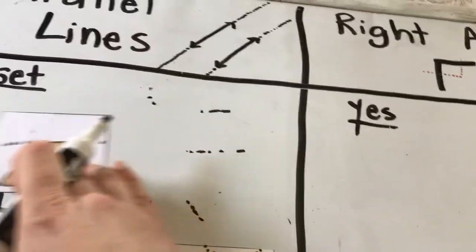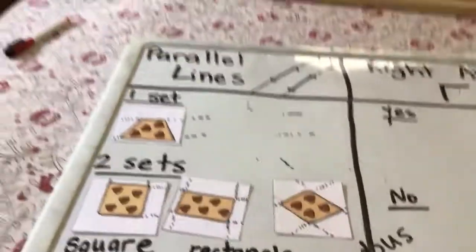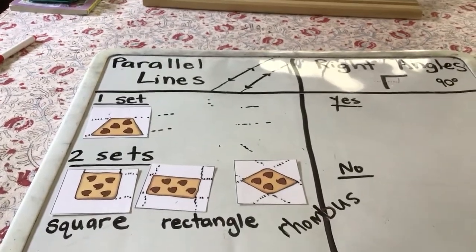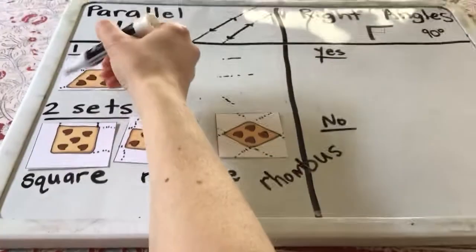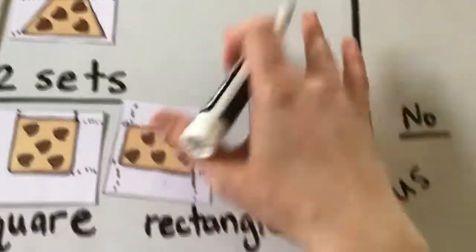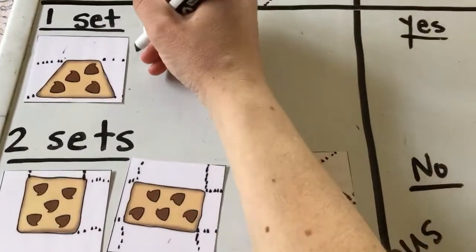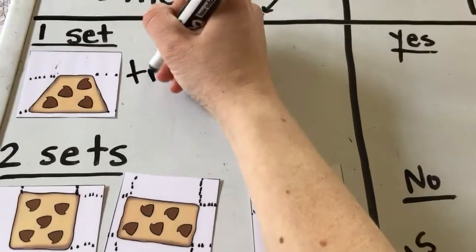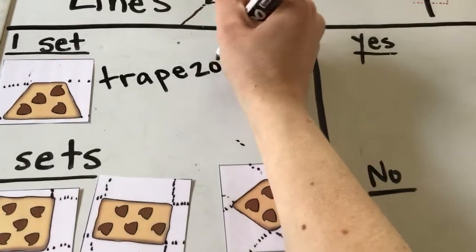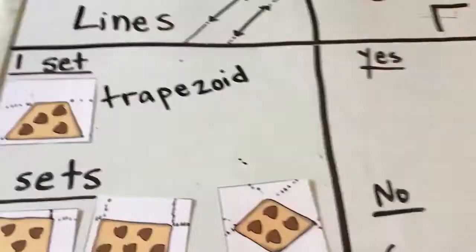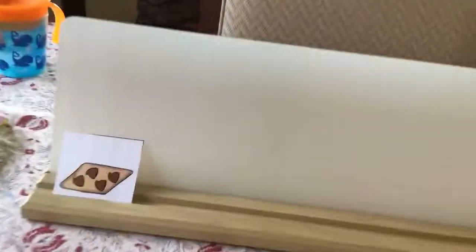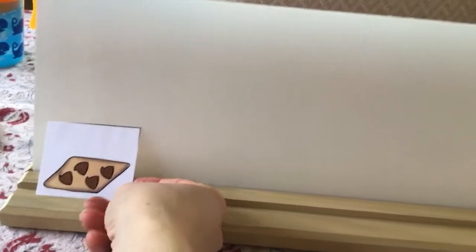So the trapezoid has just one set of those parallel lines. The top and the bottom in this case are parallel. And the two lines on either side, those are not parallel. There's only one set of parallel lines. So I'm going to write trapezoid underneath one set. T-R-A-P-E-Z-O-I-D spells trapezoid.